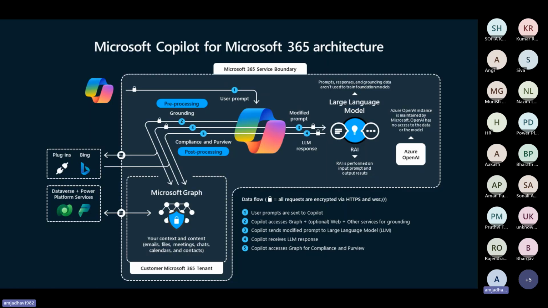Now, before we get into and understand the connector, we'll try to see the flow of Copilot, because that will really give us an understanding of how exactly the information moves, how the data is extracted, and finally, when you send a prompt, how the information is retrieved.